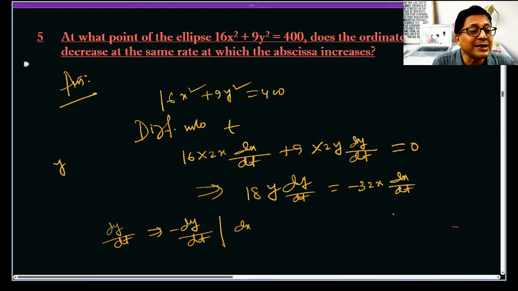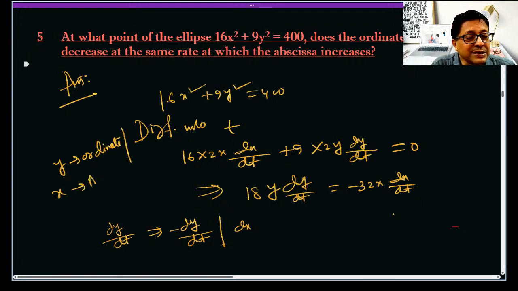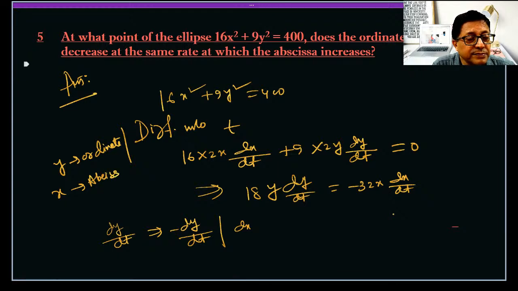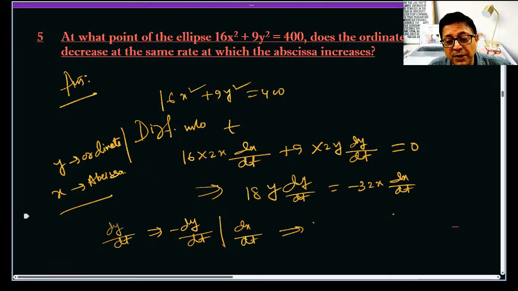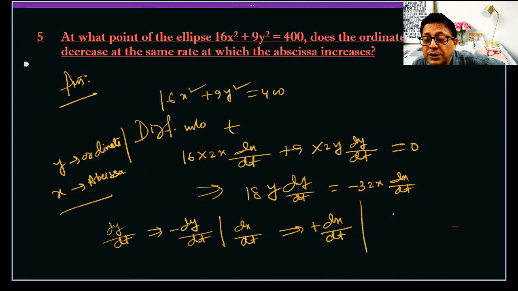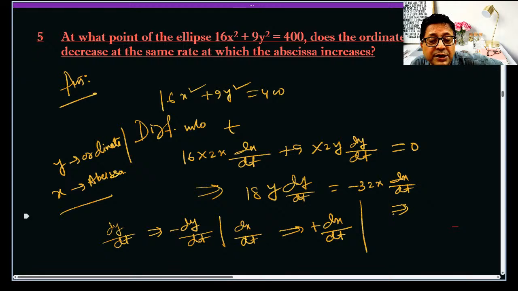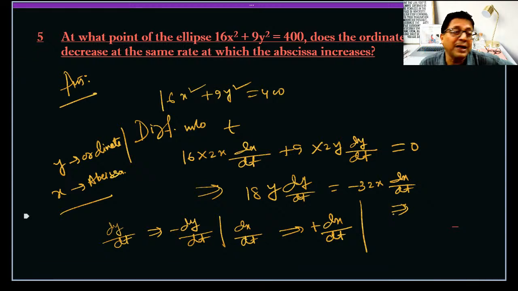You know, y is the ordinate and x is the abscissa. So dx by dt is positive here. So what will you do with this expression? Here you replace dy by dt as minus dx by dt.